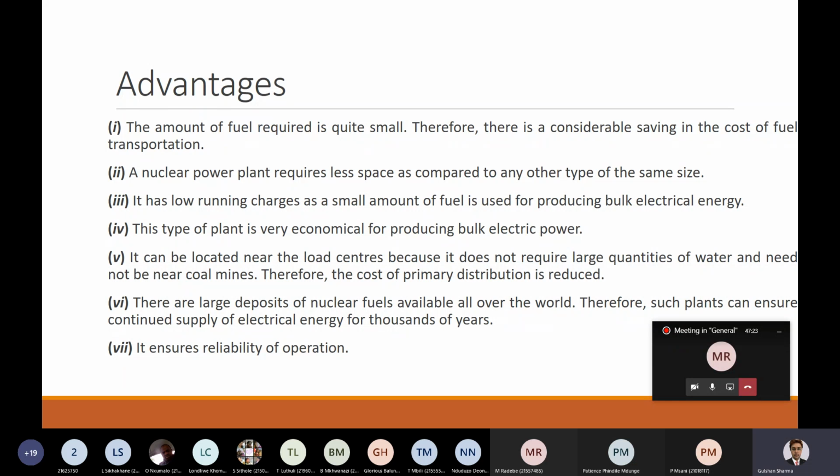Further, you see that there are large deposits of nuclear fuels available all over the world. If you go to different parts of the world, there is so much nuclear fuel available.